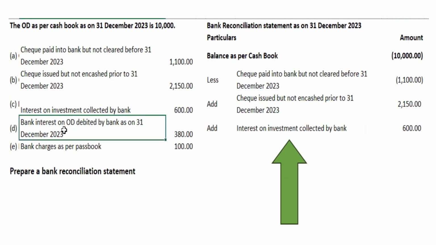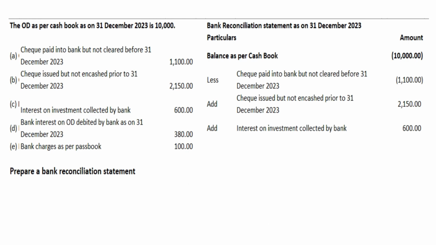Next one, bank interest on OD. The bank took the interest on OD. Once the bank took the interest, what will happen to our bank balance? Obviously, it's a facility given by the bank and the bank will be taking the money from our account as interest on OD.